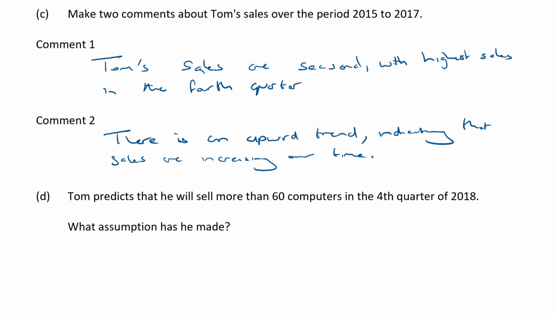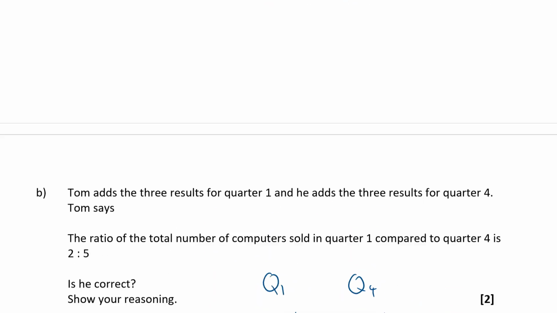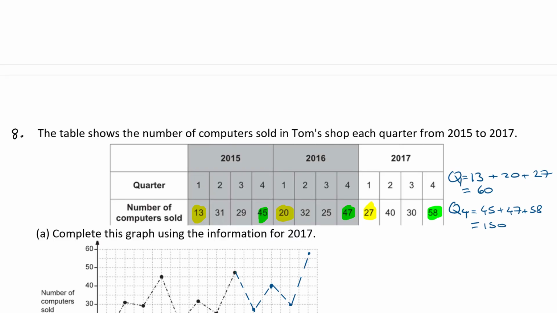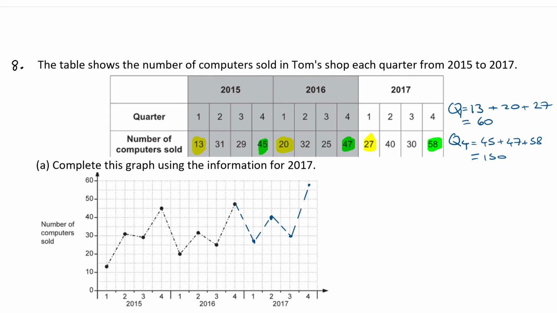D. Tom predicts that he will sell more than 60 computers in the fourth quarter of 2018. What assumptions has he made? Okay, let's go back and look at the data. Well, as I mentioned earlier, he's got an upward trend, isn't he?